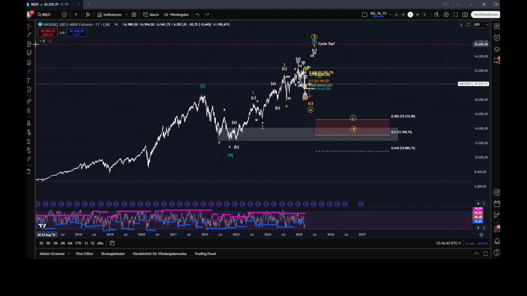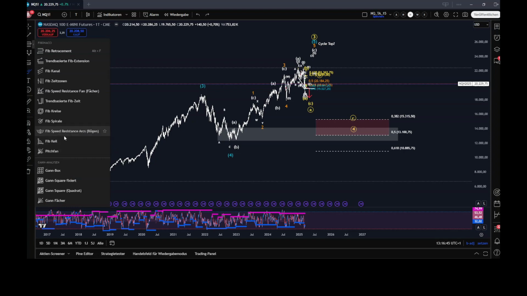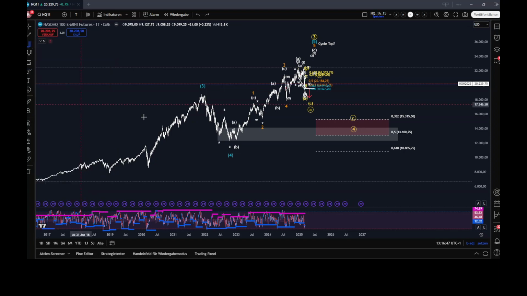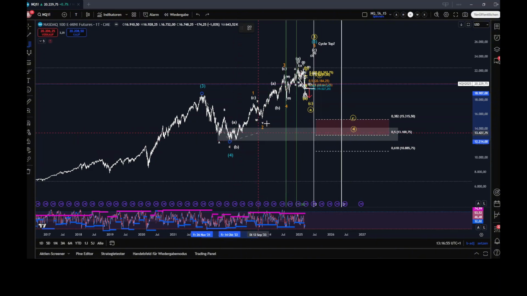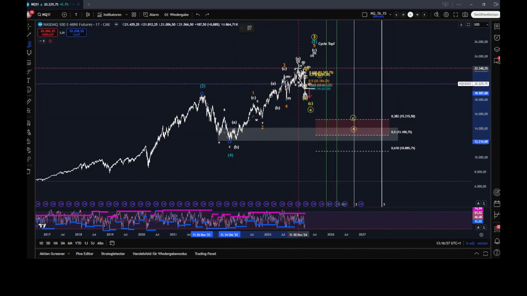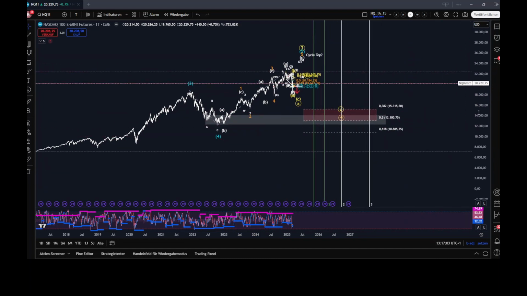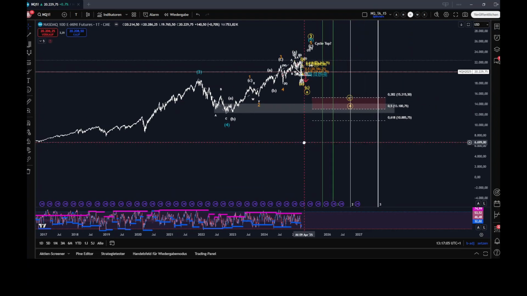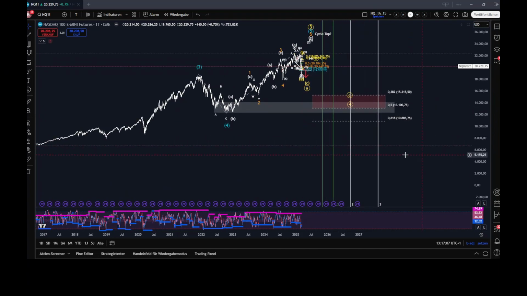So if I say, for example, let me see, I'm comparing now the previous degree 4th wave and the bottom here. I want to make it as accurate as possible, and the low, the high already is in, if we consider this, okay? So the 4th wave should have normally the same length as the previous wave 4.